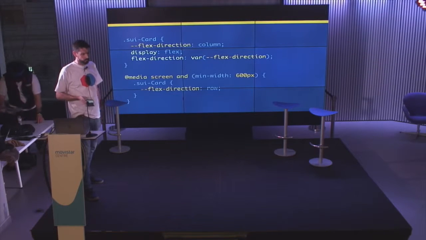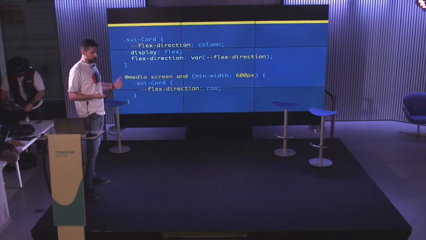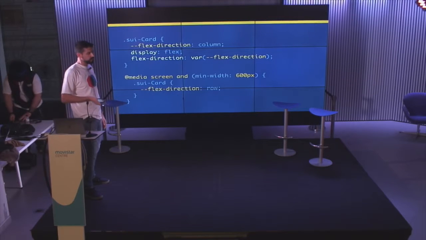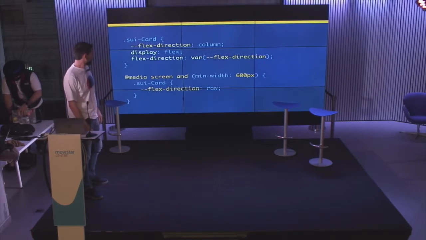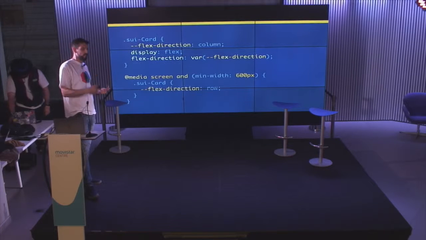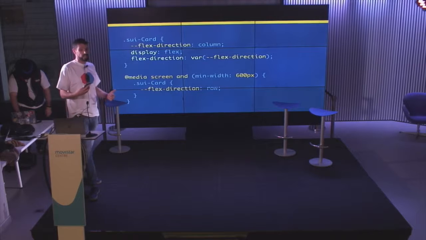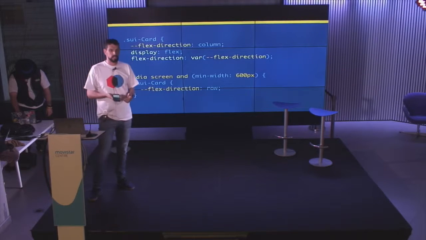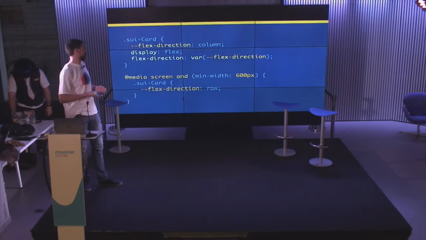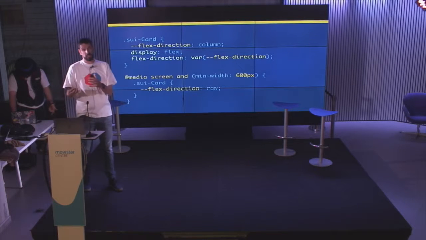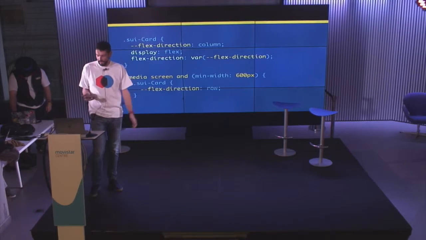Another example that explains its dynamism is that we can change the value in a media query. This is happening in a runtime process because the browser is behaving in a different way.